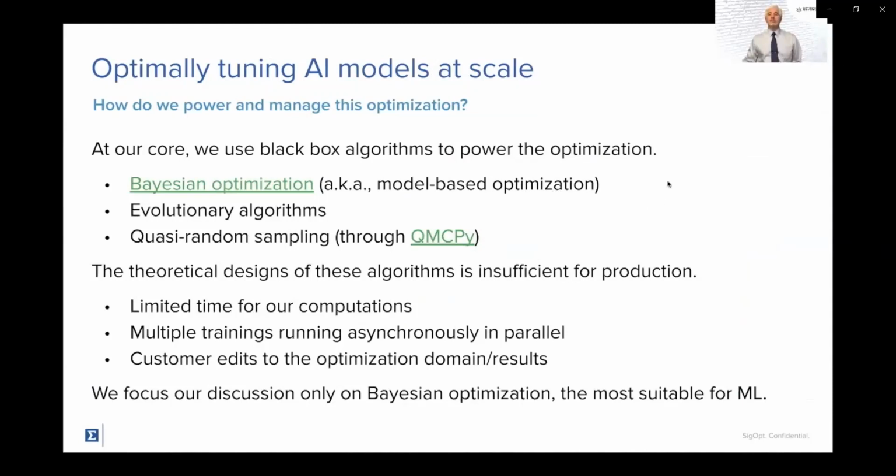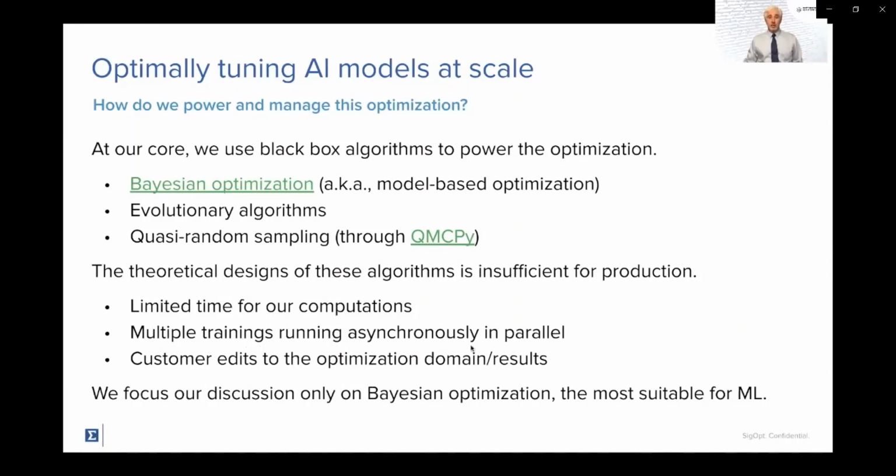Now, all of these strategies are quite powerful, but in reality, they're often insufficient for our production setting. First of all, we generally have very limited time for our computations, unable to spend the significant amount of time that some Bayesian algorithms require. We also generally want to have multiple training runs asynchronously running in parallel.